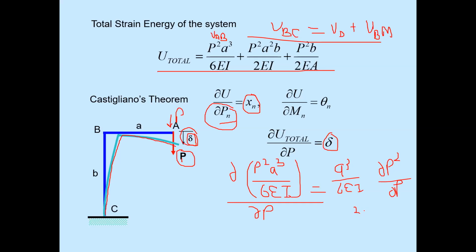So 2P A cubed upon 6EI is PA cubed upon 3EI. So this is the differentiation of the first member AB: PA cubed upon 3EI.